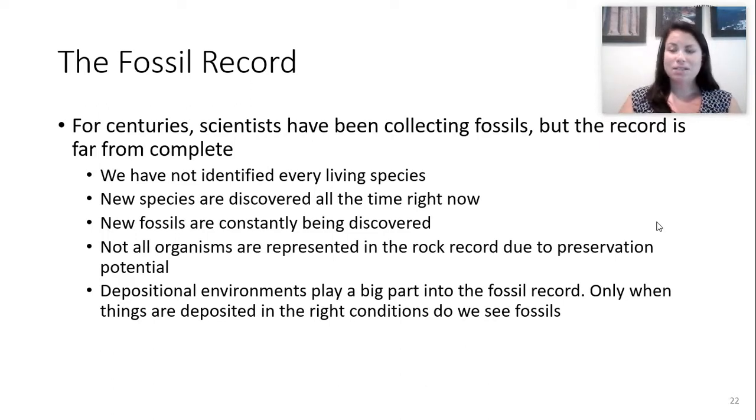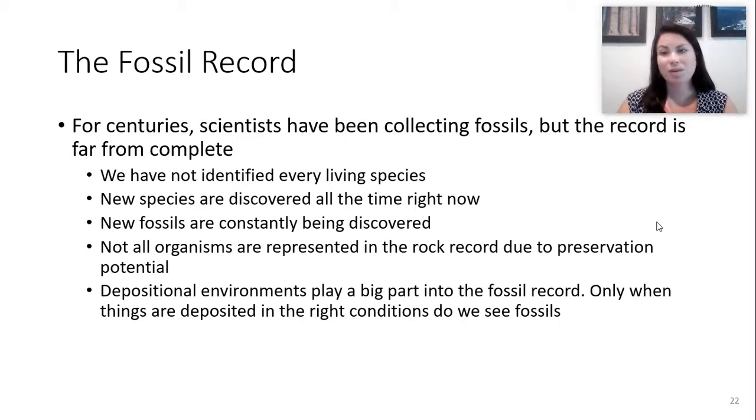I always love to see articles about a new species of fish or something that's been discovered, because it's always baffling to me that we have new species of birds and bugs and all sorts of things that we're still discovering.